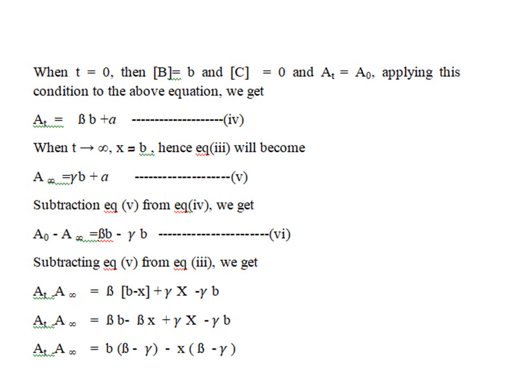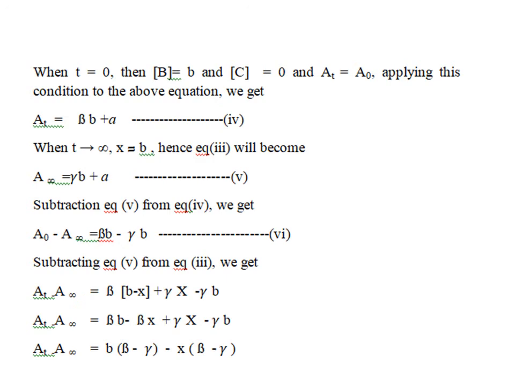Once again, when t is equal to 0, then b is equal to b and c is equal to 0, and A_t will be equal to A_0. Applying this condition to the above equation, we get A_0 equal to beta b plus alpha. This is equation number 4.